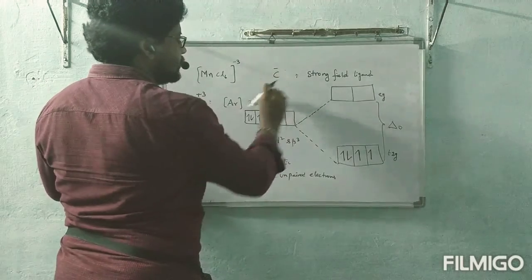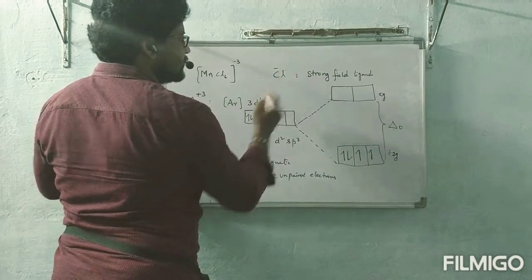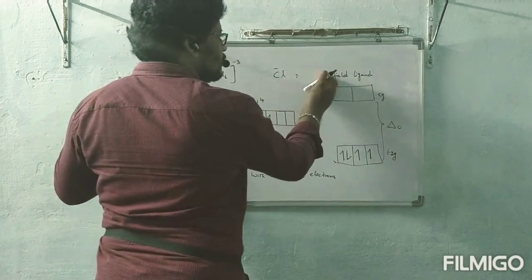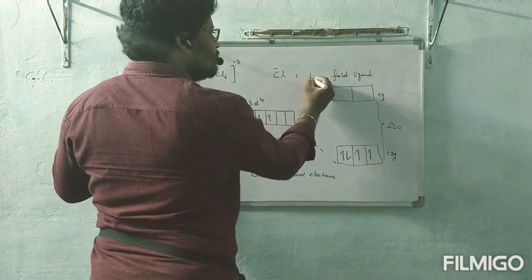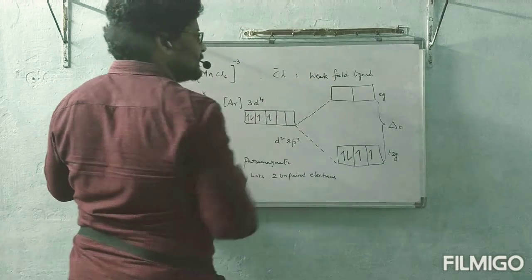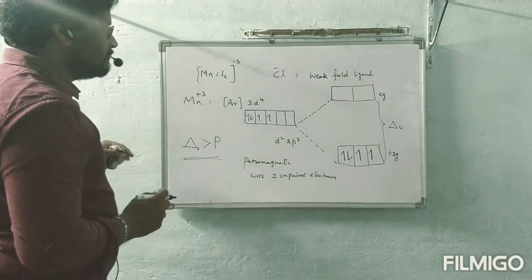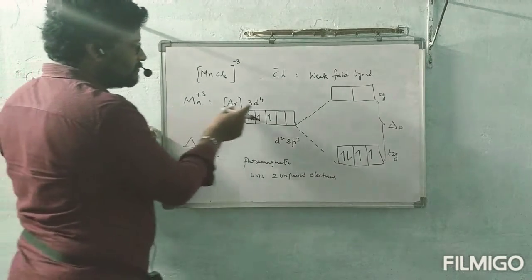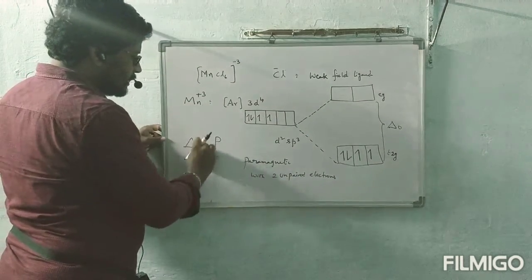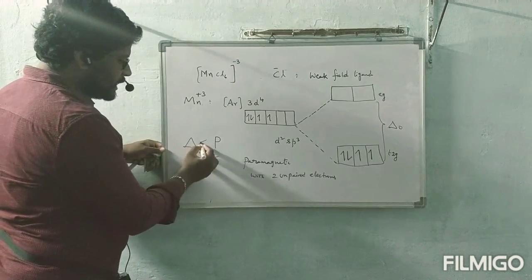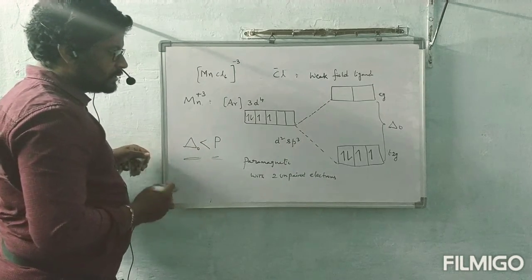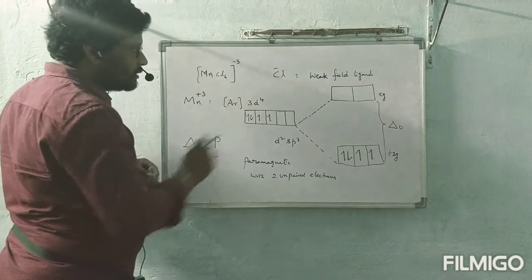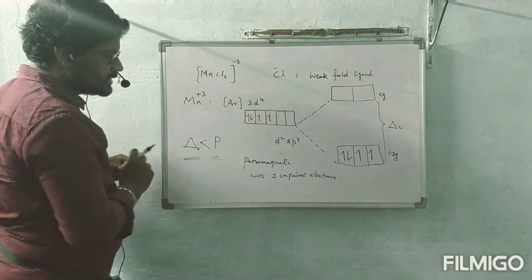Now Cl minus is a weak field ligand. Mn plus 3 configuration is the same. In the presence of a weak field ligand, delta naught is less than P.